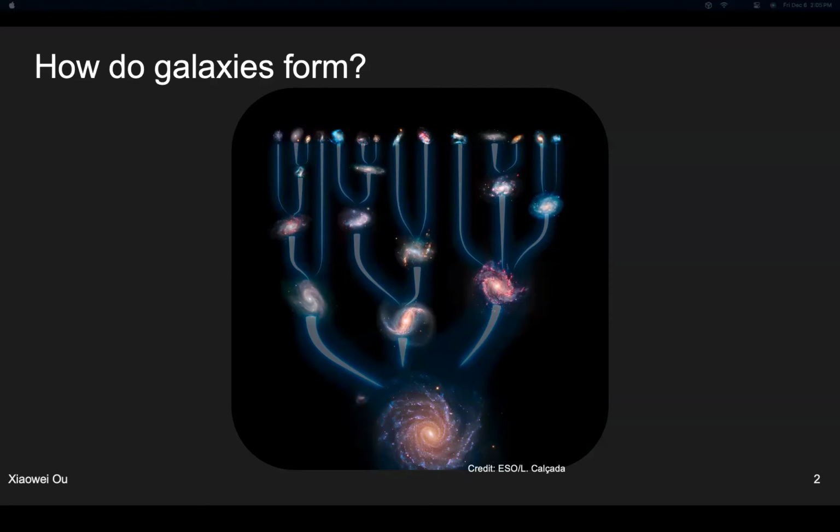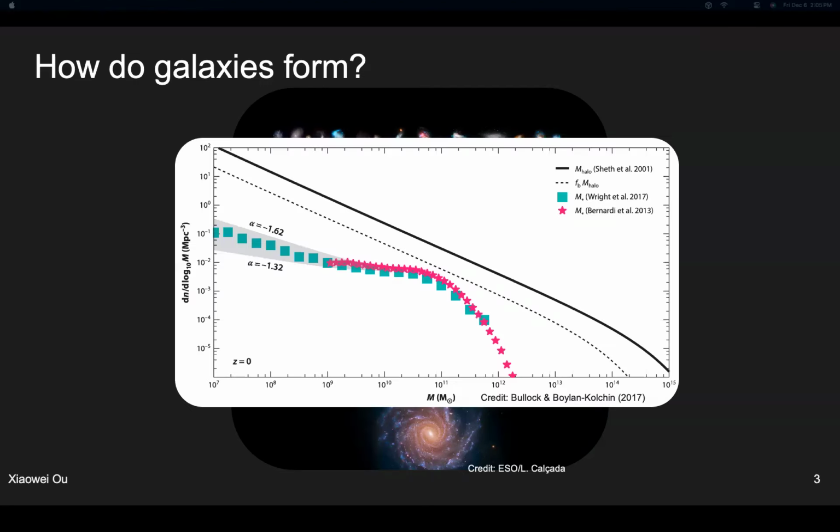Understanding this process of hierarchical assembly is really important. In particular, on the galaxy mass function, if we look at the low mass end, there are quite significant uncertainties on exactly what the power-law index should be.